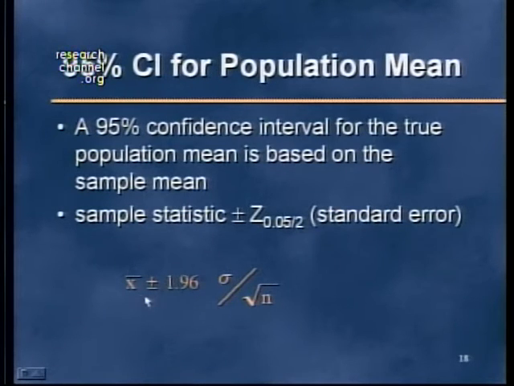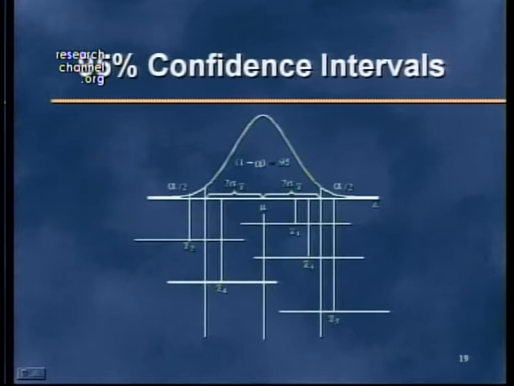So remember, we said that the spread in the sample means was given by taking the population standard deviation sigma and dividing it by the square root of the sample size. So the larger the sample, what happens to the width of this confidence interval? It becomes smaller and smaller. As n increases, the confidence interval becomes smaller. As n decreases, the confidence interval becomes bigger.